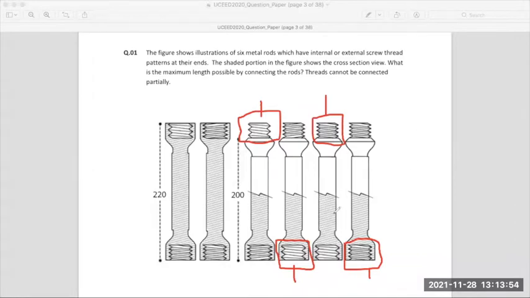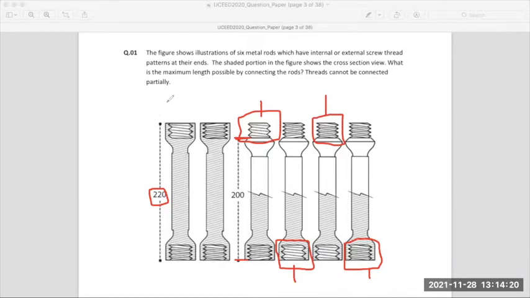There are these different screw threads, and these are the lengths which are given. 220 is the total length, and on this side, only up till this much, the length given is 200. What you have to find is, after connecting all these, what is the maximum allowable possible length.